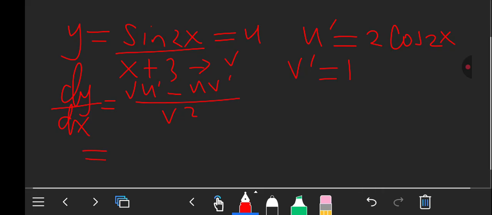So this will be equal to, what is our v? Our v is x plus 3. What is our u prime? Our u prime is 2 cos 2x. Then minus, what is our u? Our u is sine 2x.